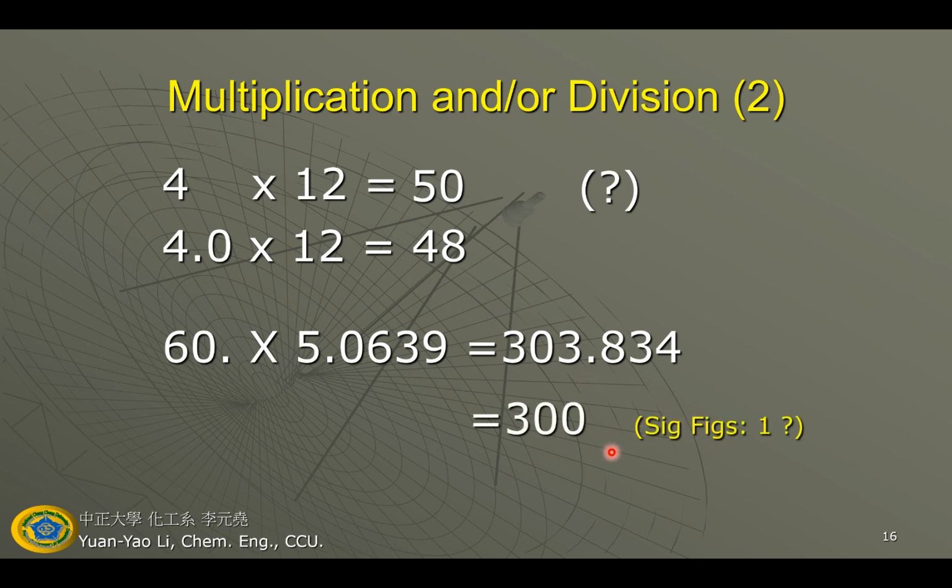But there's something wrong with this number, because you need a number with two significant figures, however, this number only gives you one significant figure. So what can we do? This is another important use of scientific notation, because you can write it like this, and this gives you two significant figures. So instead of writing 300, you can write 3.0 times 10 to the second.